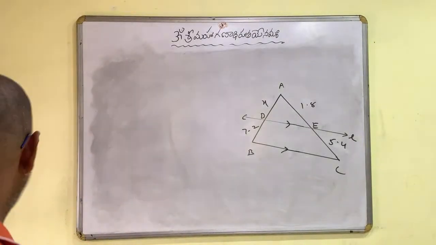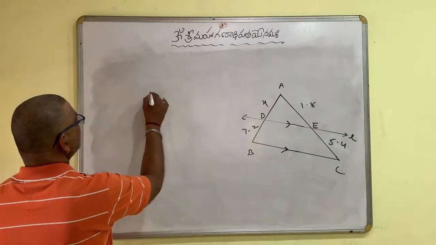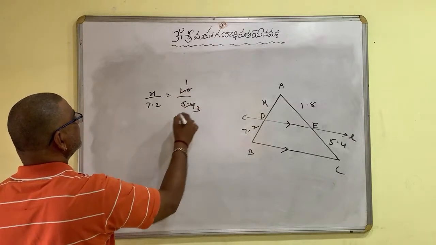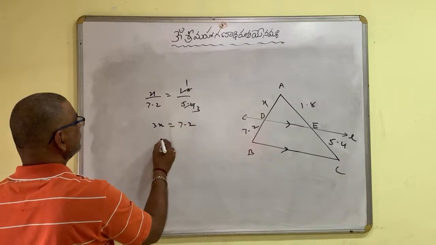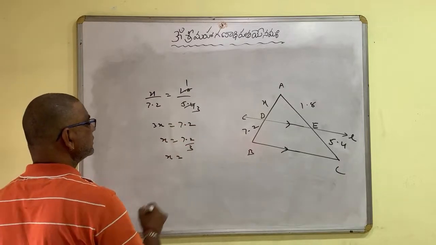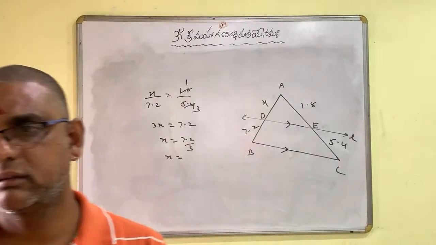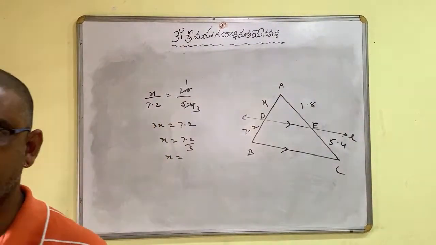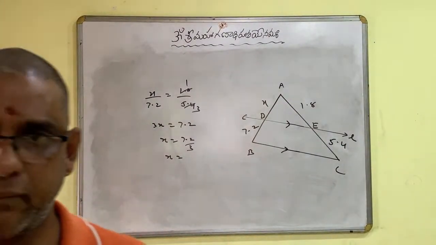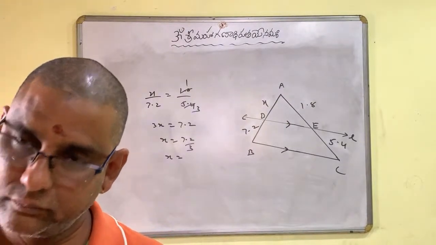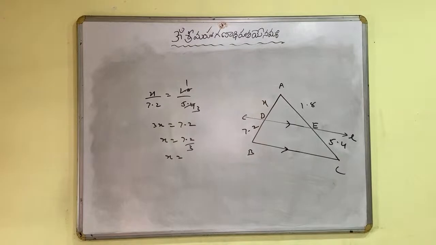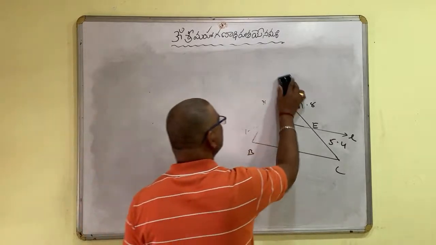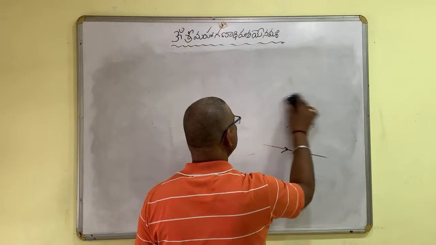They are exactly divisible. x by 7.2 equals 1.8 by 5.4, which is 1 by 3, so 3x is 7.2, x is 7.2 by 3, how much? x is 2.4. Alright.